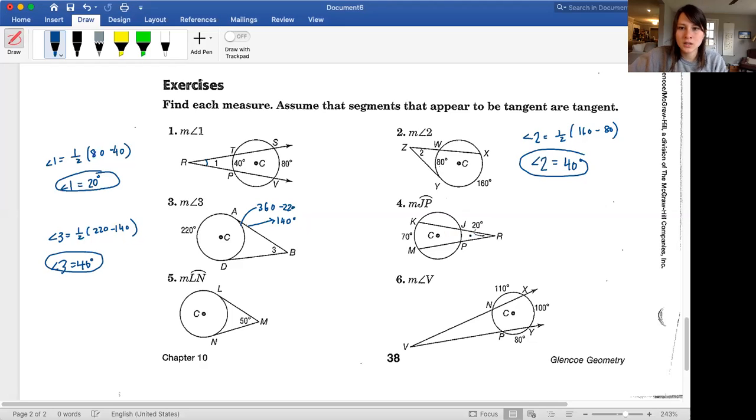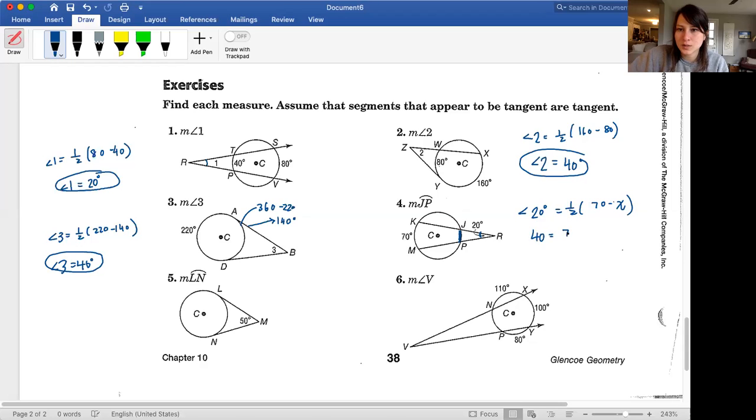Okay, looking here. They've given you the angle and they're asking you to find the little arc. So using the same idea, angle R, which is 20 degrees, is equal to 1/2 times 70 minus X. I don't know what that is, arc JP. So to work backwards, because this is dividing by 2, I'm going to multiply by 2 on both sides.